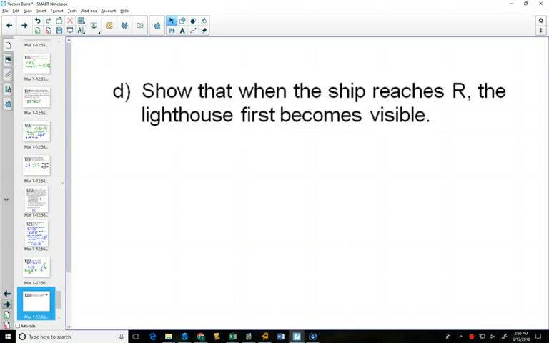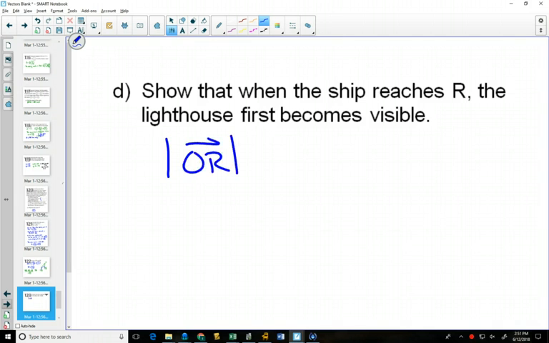Show that when the ship reaches R, the lighthouse will first become visible. We know that the radius of the lighthouse is 25. So if we can figure out the length of OR, and if it is first becoming visible, it would have to be exactly 25 away.